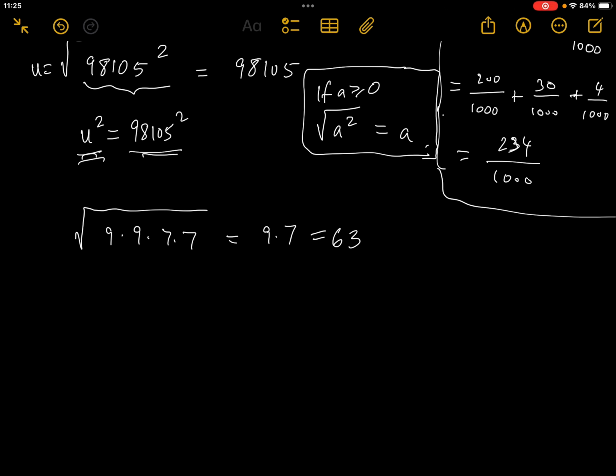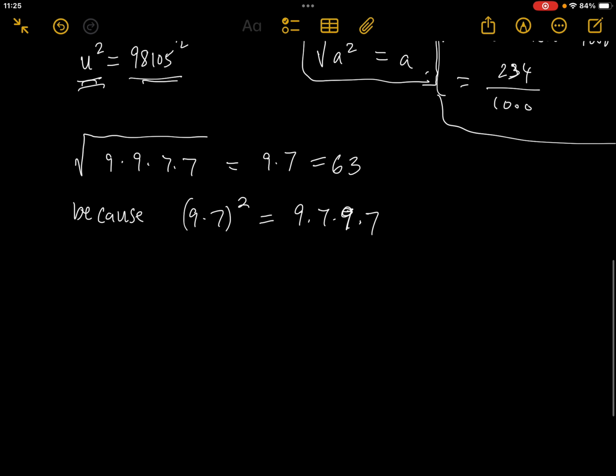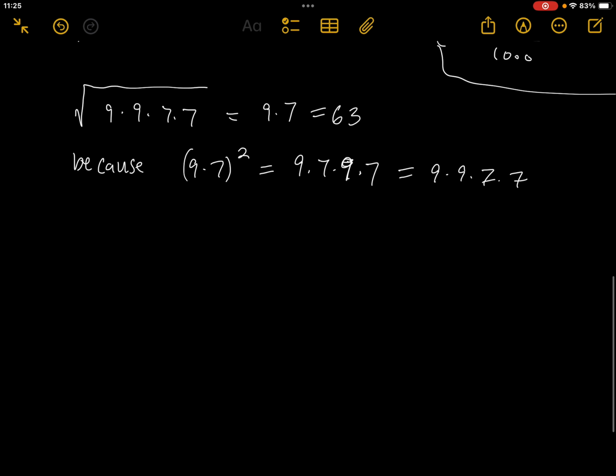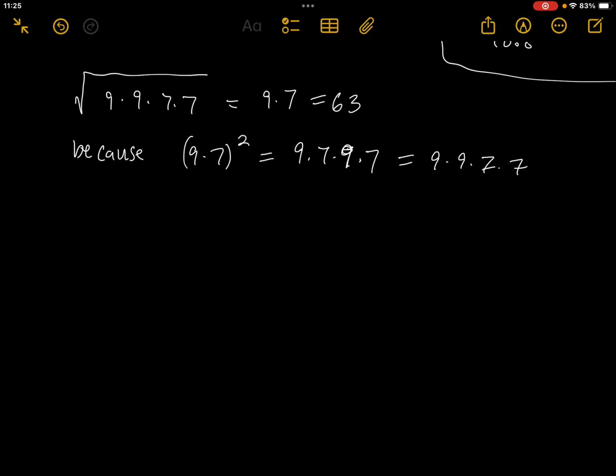Let's explain why. If I take 9 times 7 and square it, do I get the thing inside the square root? Well, 9 times 7 in parentheses squared is 9 times 7 times 9 times 7. And since it doesn't matter which way you multiply the numbers, this is equal to 9 times 9 times 7 times 7. So you do in fact get the thing inside the square root, and that's why the answer is 9 times 7.